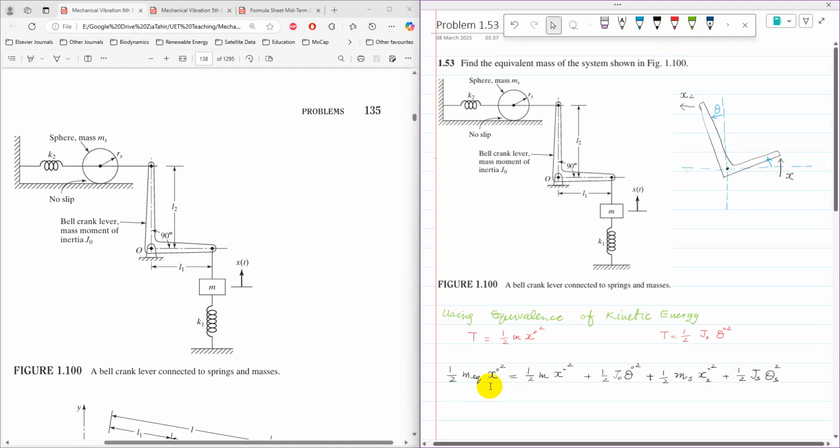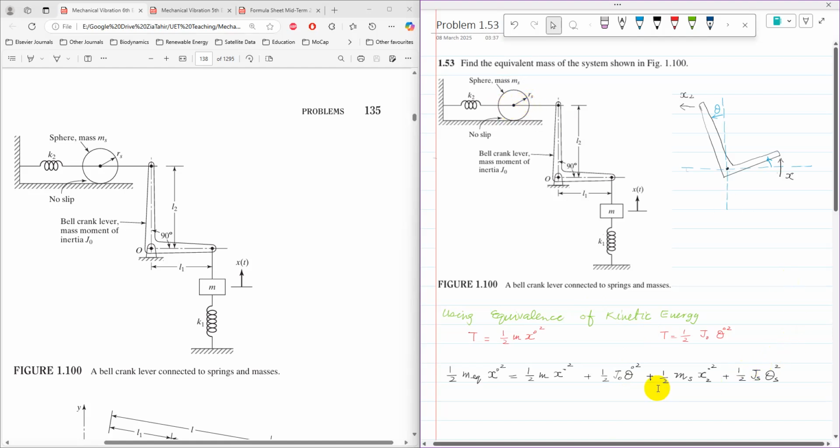Now that is the equivalence of kinetic energy: half m equivalent x dot squared is equal to half m x dot squared, which is the kinetic energy of the mass, and then the kinetic energy of the bell crank lever, which is half J0 theta dot squared. Now this sphere has two types of kinetic energy.